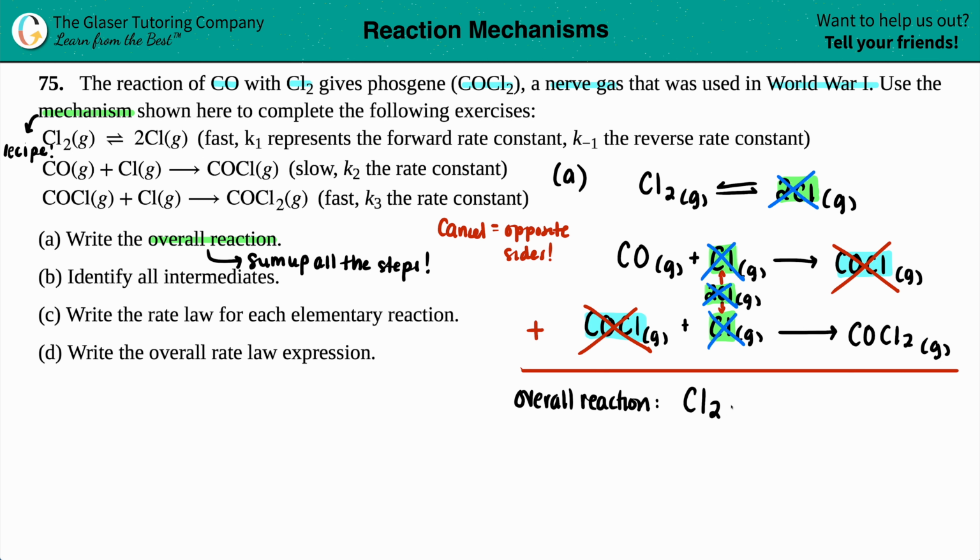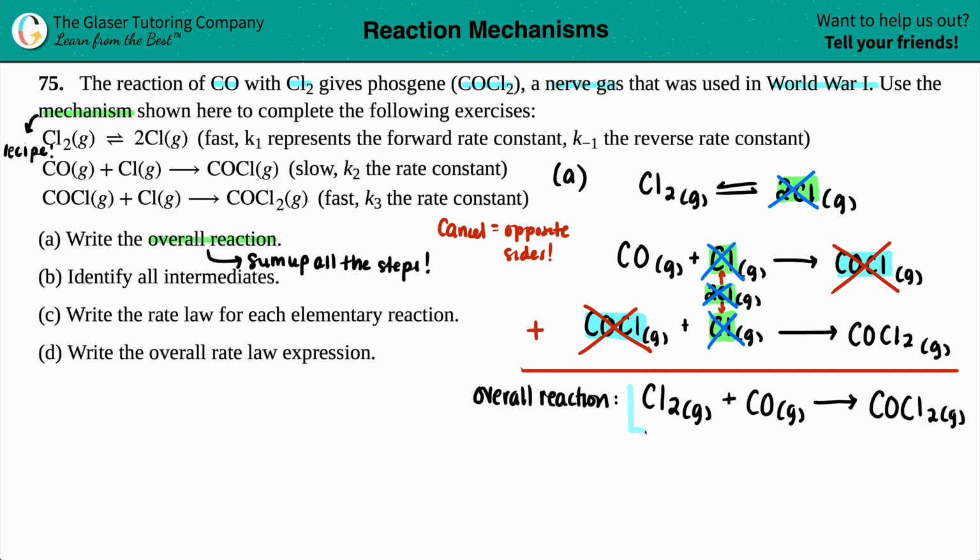So I'll say Cl2 gas plus CO gas, and you could use the general yield sign because it's the overall equation, and that's going to yield COCl2, and that's a gas. And that is your first answer. So the answer to letter A is Cl2 plus CO yields COCl2.